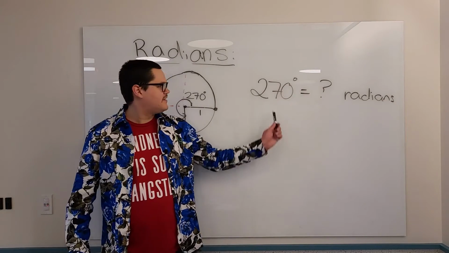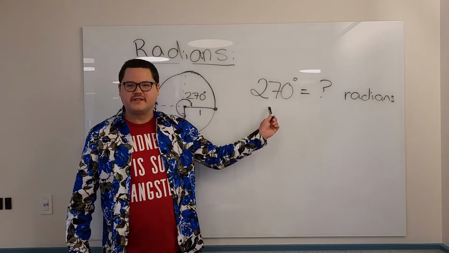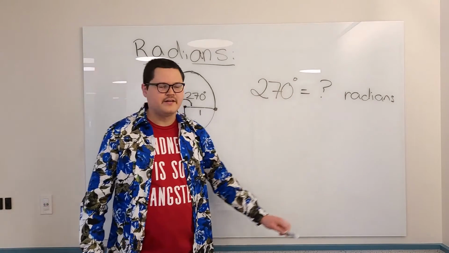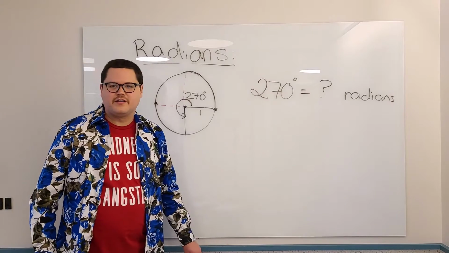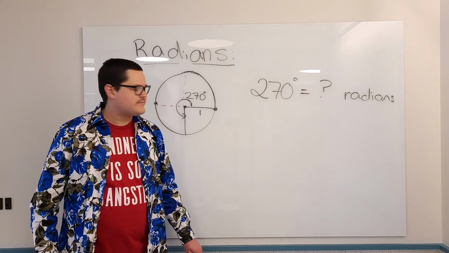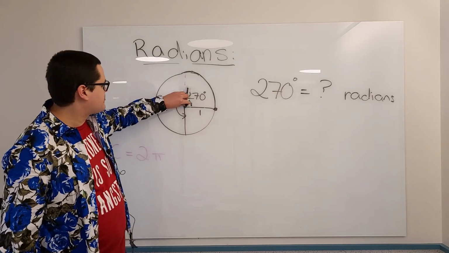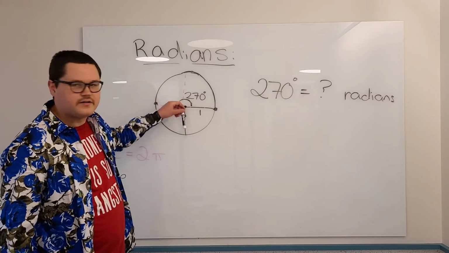All right, now for 270 degrees. So 270 degrees is how many radians? Well, there's 2 ways that we can think about this. So first of all, we know that 270 degrees is 3/4 of a whole circle.